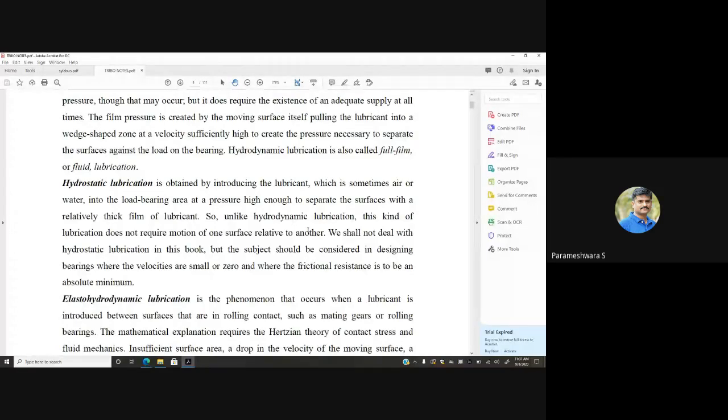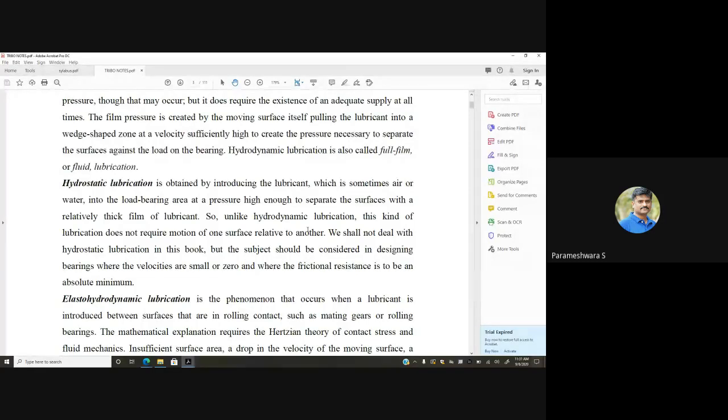Through a supplying pump, lubricant is supplied into the bearing, and the bearing carries the load. As the load increases, you have to increase the supply of the lubricant in order to withstand the load. This kind of lubrication is called hydrostatic lubrication.